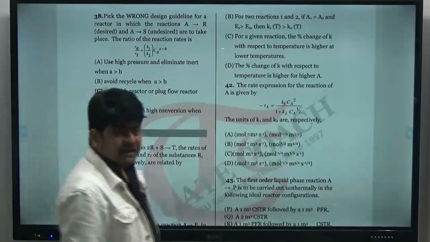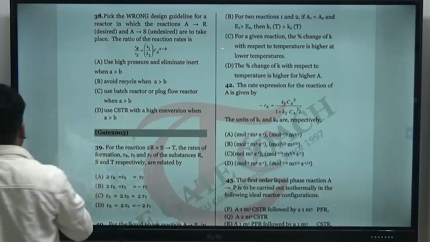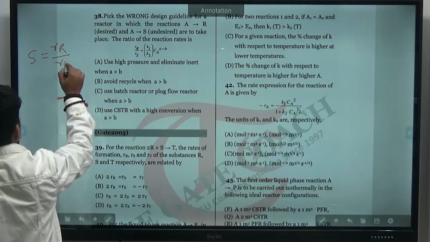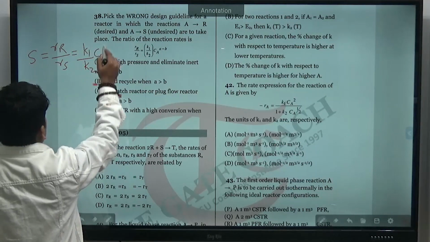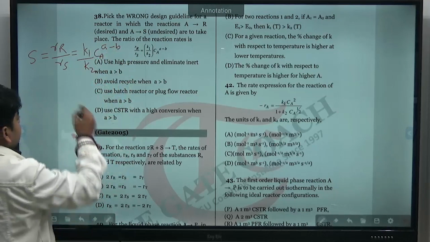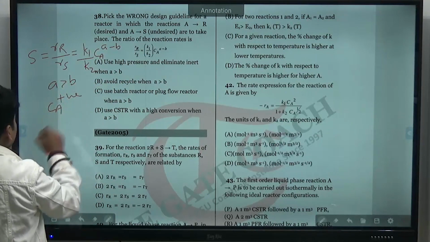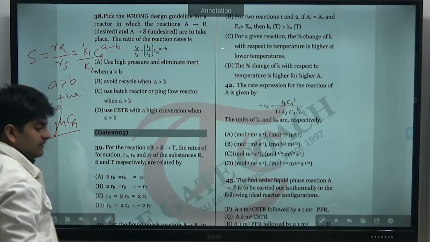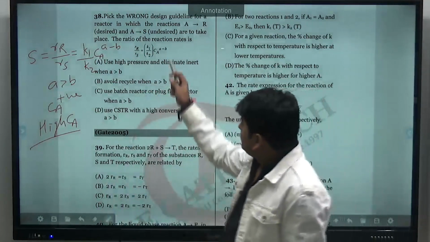Okay, pick out the wrong design guideline for a parallel reaction. Here if you see, selectivity is given as RR over RS equal to K1 by K2 Ca power A minus B. And from all the 4 options, one thing is obvious, that A is greater than B. So Ca power will be positive. That means I have to keep high Ca to maximize R.